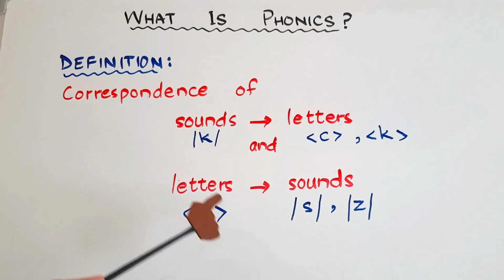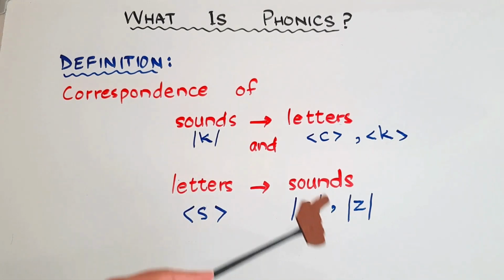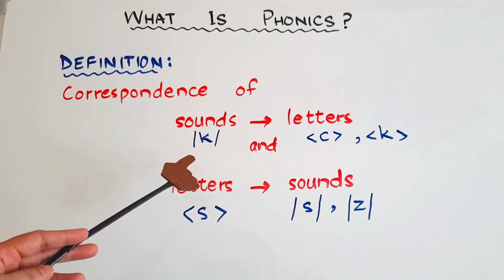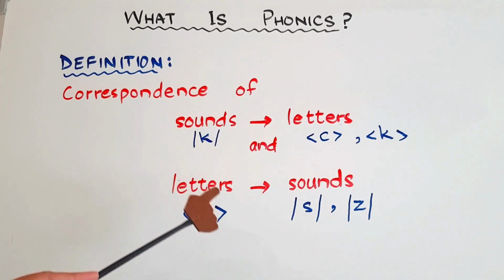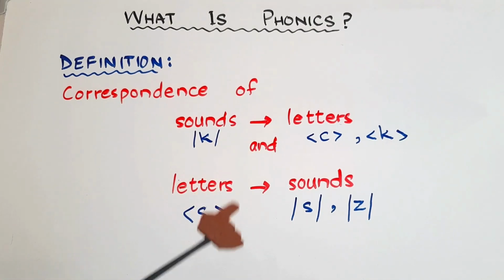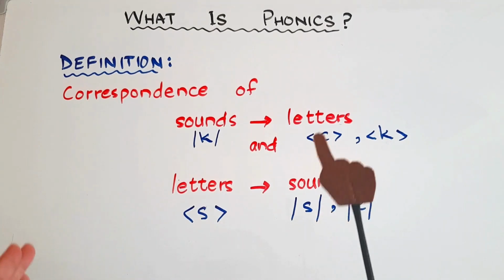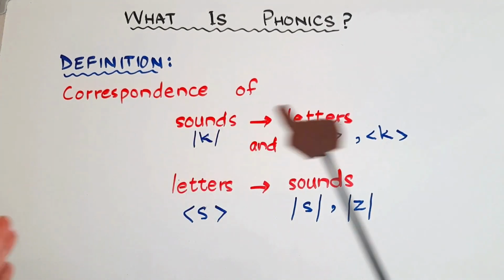Now it depends on different things when S will say S and Z, and when you can use C or K for the K sound. So this is the next level of phonics, to recognize when you should use which sound. But for now, the only thing that I want to make clear is what is phonics.